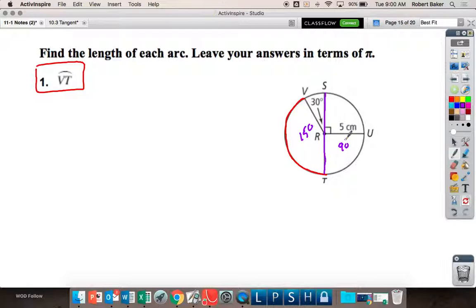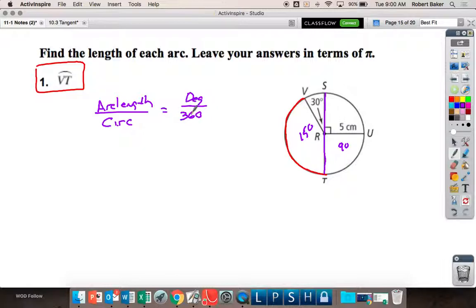Now I'm trying to solve for VT, and we're using arc length over circumference equals degrees over 360.